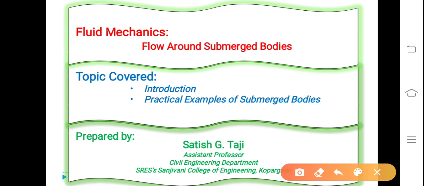One more example we will take and complete that, and then we will come to flow around submerged bodies, introduction, practical examples of submerged bodies.